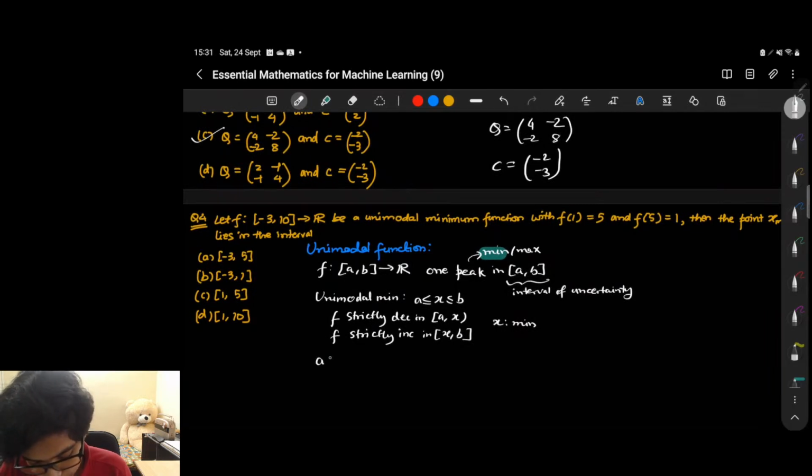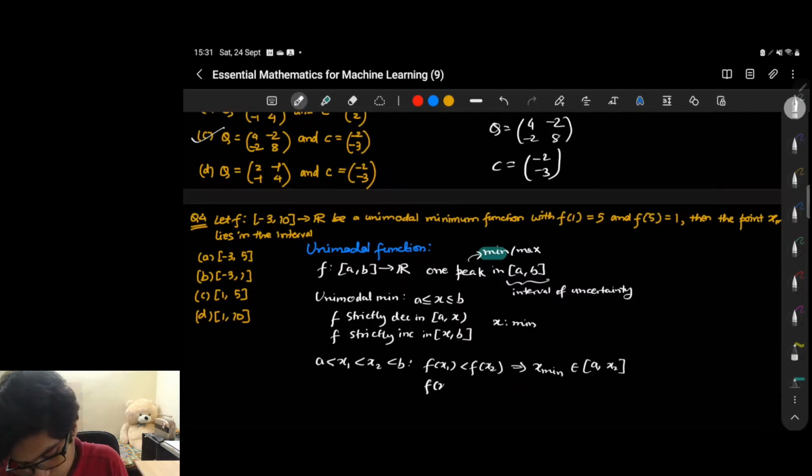Now if we have 2 points x1 and x2 in the interval, and if f(x1) is less than f(x2), then x min lies in the interval (a, x2).